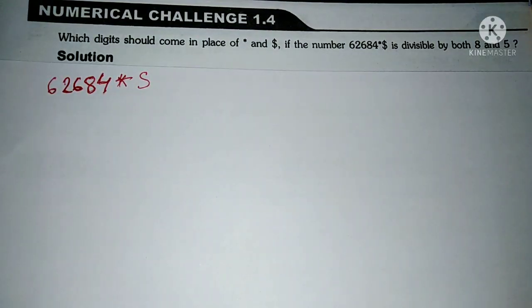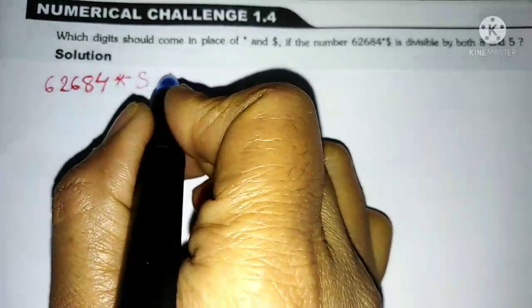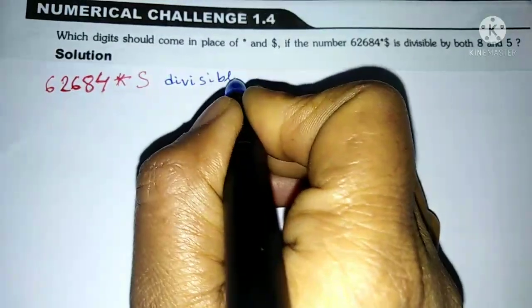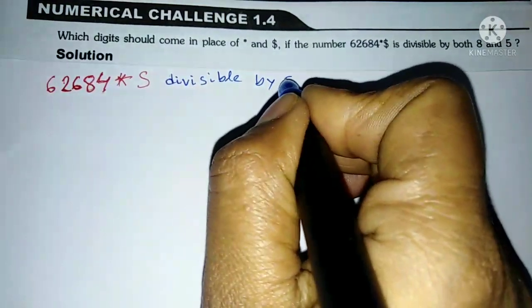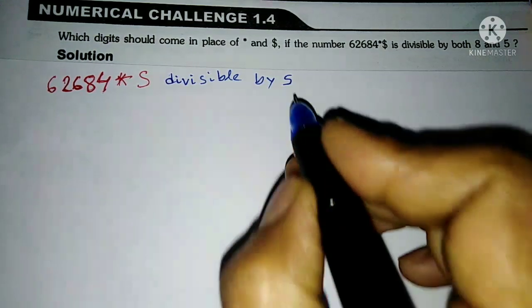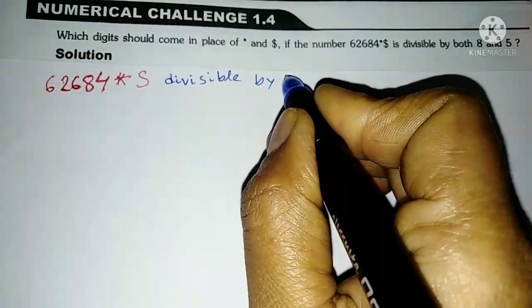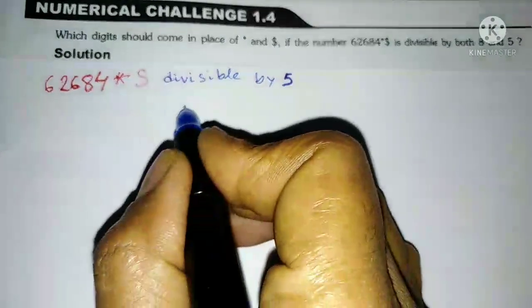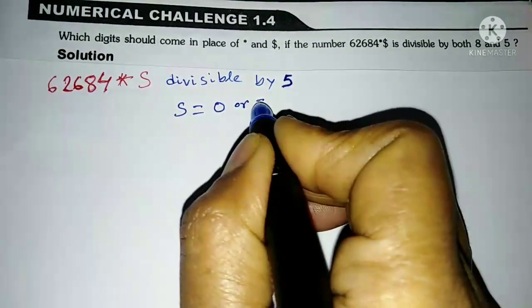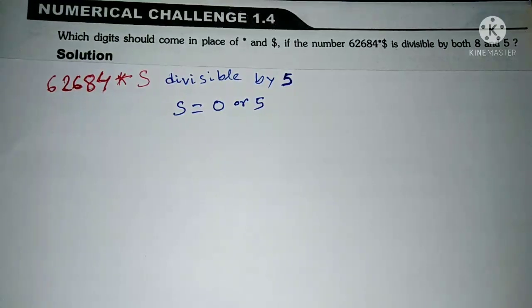We know that if a number is divisible by 5, the digit in the unit place should be either 5 or 0. So according to the divisibility condition by 5, S should be either 0 or 5. So we have two options.